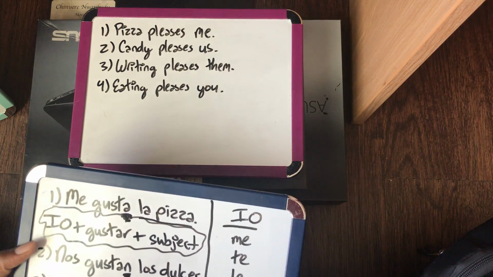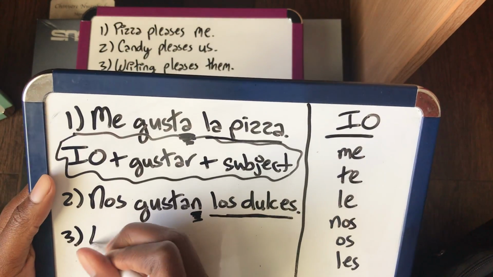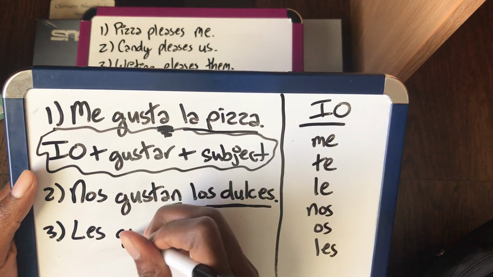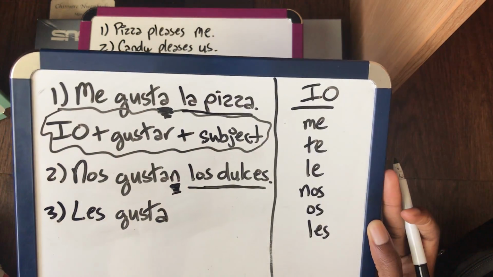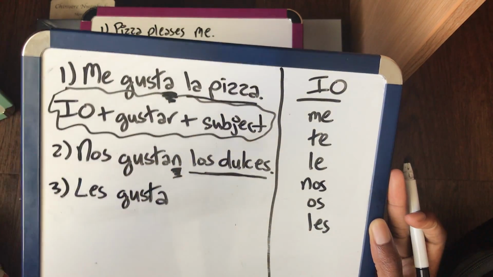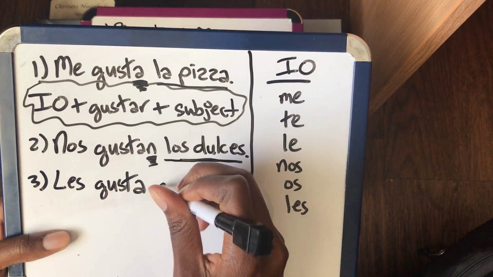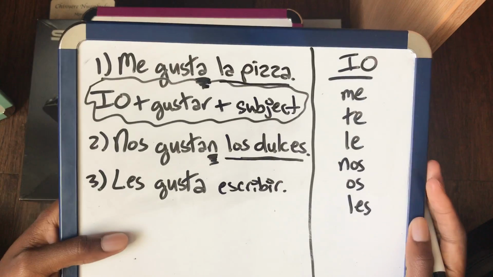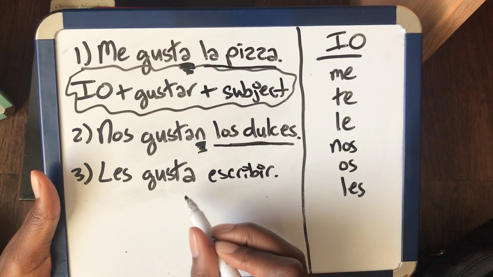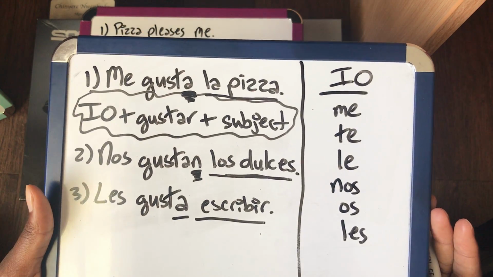Writing pleases them. We're going to choose les from down here. Les gusta. We're going to use the infinitive of the verb to write, which is singular. It's not plural. So, les gusta escribir. This matches this because this is singular, and that's the infinitive of the verb to write.